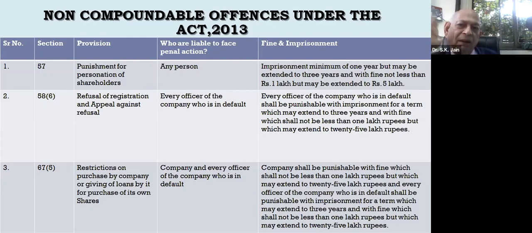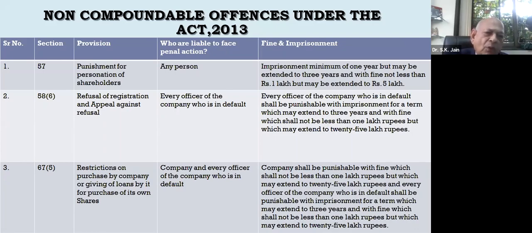Now the matter will not go to the RD or to the NCLT. In non-compoundable cases, the ROC will first issue a so-called notice. Then if he is not satisfied with the explanation, he will file a prosecution case with the concerned court of magistrate. And then the person concerned has to face a trial, because it is not compoundable.